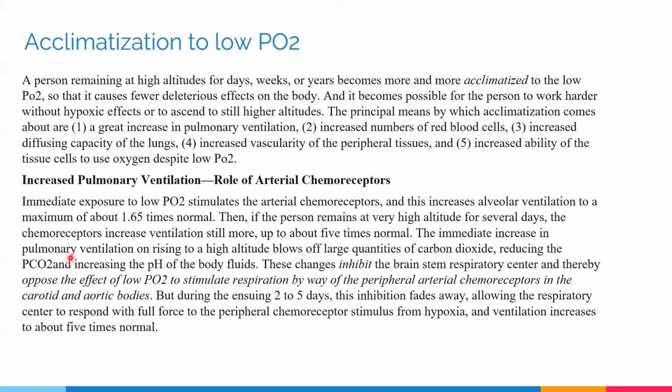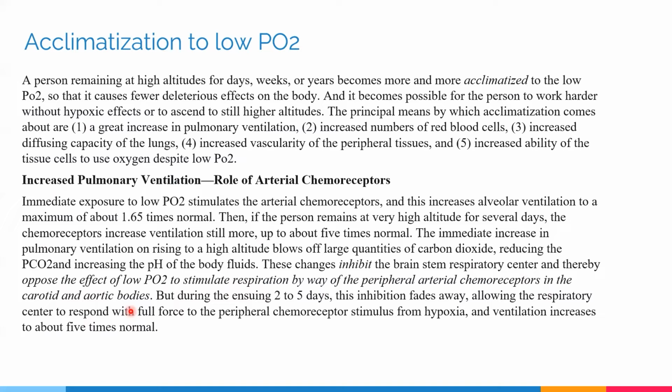The immediate increase in pulmonary ventilation on rising to a high altitude blows off a large quantity of carbon dioxide, which in turn reduces the partial pressure of carbon dioxide and increases the pH of body fluids. These changes inhibit the brainstem respiratory center and thereby oppose the effect of low PO2 to stimulate respiration by way of peripheral arterial chemoreceptors in the carotid and the aortic bodies.